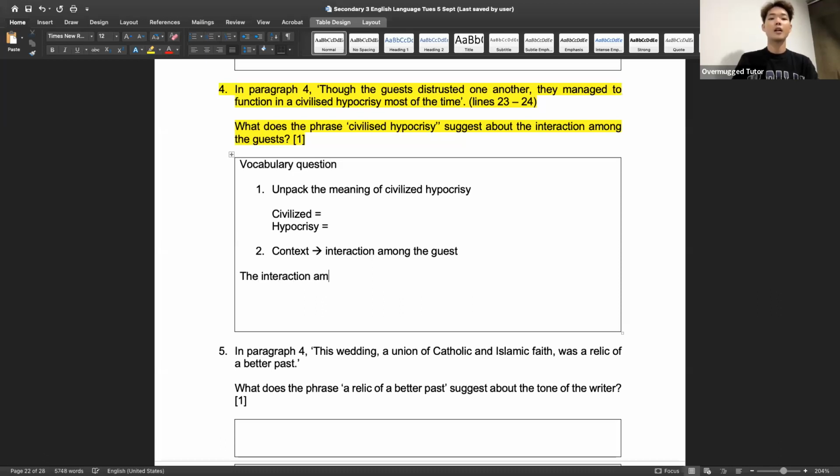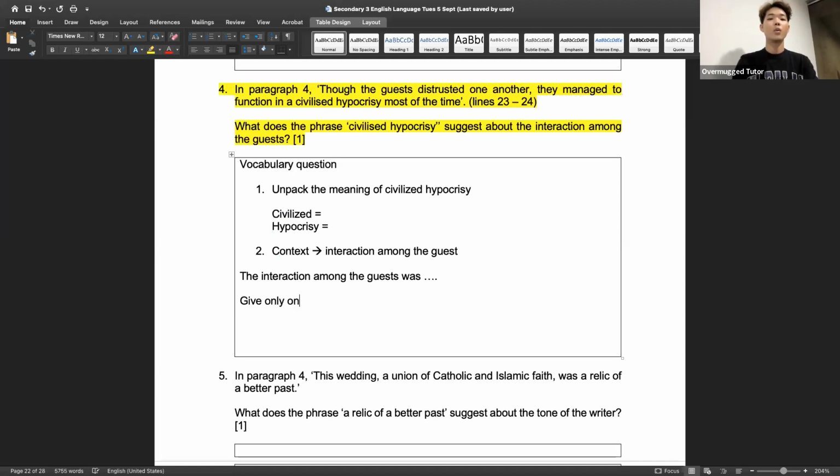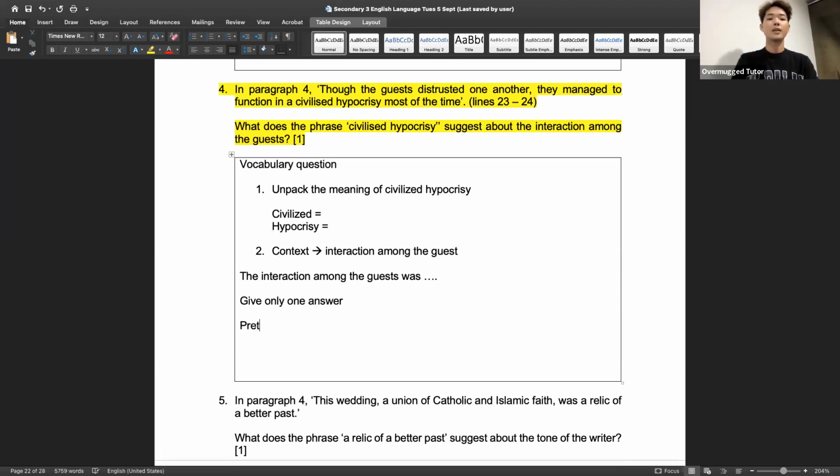So your answer will be in this way: the interaction among the guests was what? Interaction is singular, so take note, give only one adjective or one answer. Don't say pretty and tall, for example. Stick to either pretty or tall. Just choose one. Why?